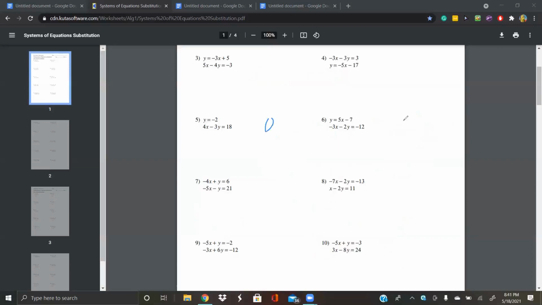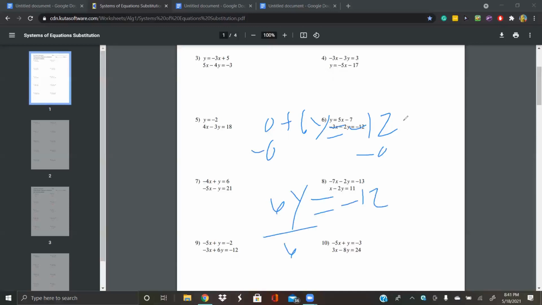So 0 plus 6y equals -12, and we'll do -0 on both sides to isolate the y. So -0, or plus 0, doesn't really matter. 6y equals -12. Divide by 6, y equals -2. So that is our answer. So x equals 0 and y equals -2. So 0, comma, -2.